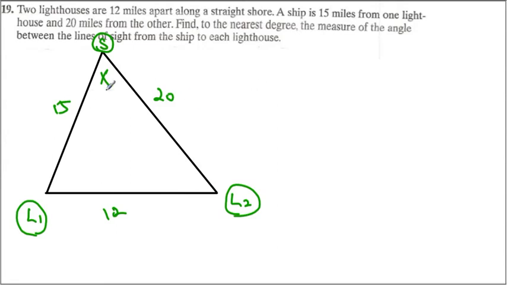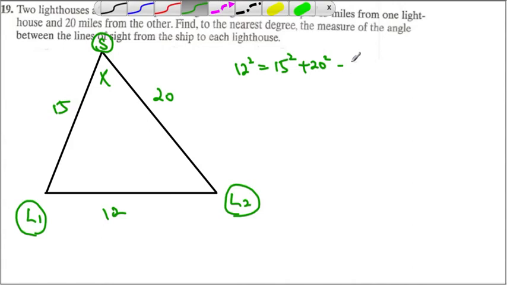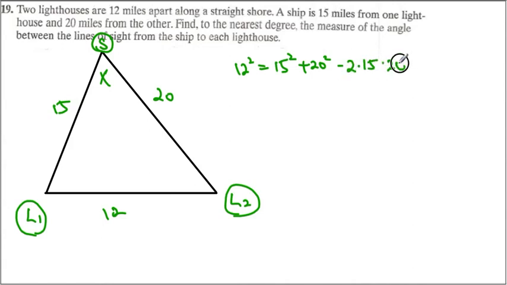Then we can figure this one out by using the law of cosine once again. 12 squared must be equal to 15 squared plus 20 squared minus 2 times 15 times 20 times cosine of x.